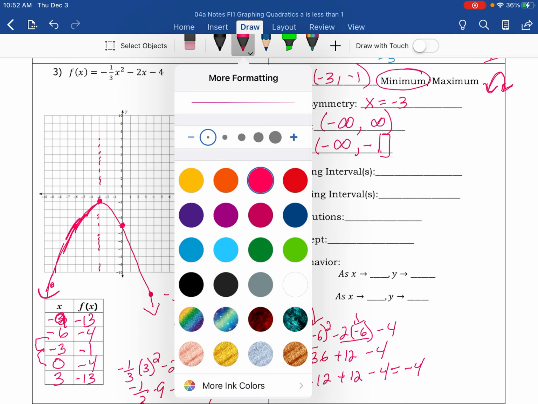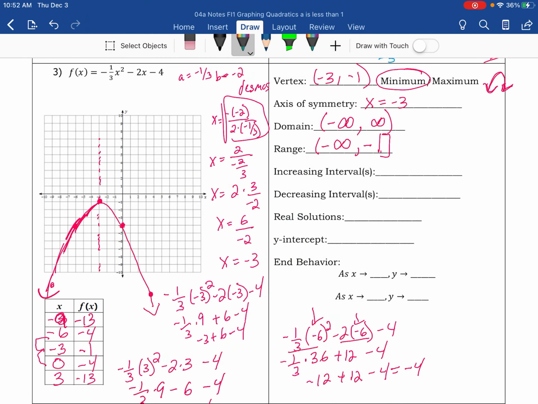Okay, so increasing intervals. So we'll talk about this again. My intervals of increasing, I know it's increasing from here to here, and we only look at our x values. So I know it's increasing from -infinity to -3, and then it's decreasing from here to here, so it's going to be decreasing from -3 to +infinity.